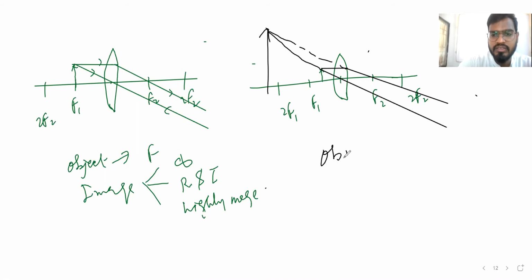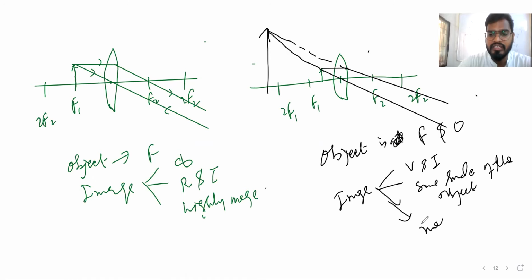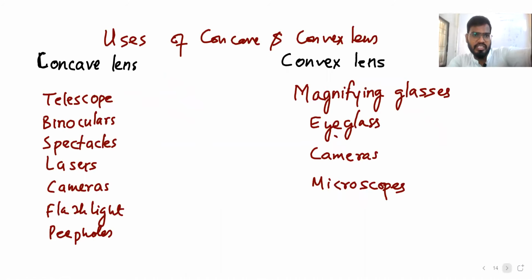Now the object is in between focus and optical center. Then the image formed is virtual and erect first, and then on the same side as the object, and third, magnified, virtual and erect, right? That also you should know. Then let's see the uses.